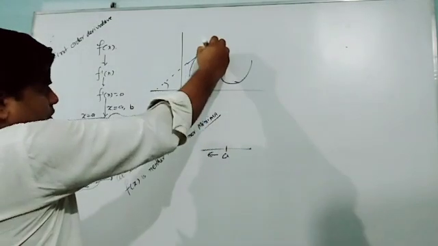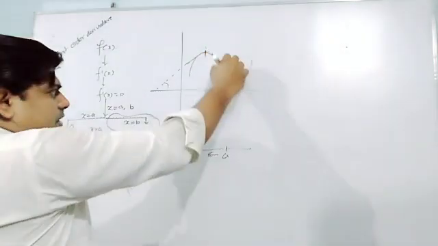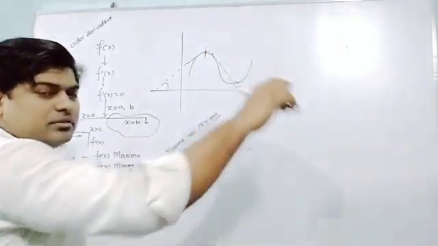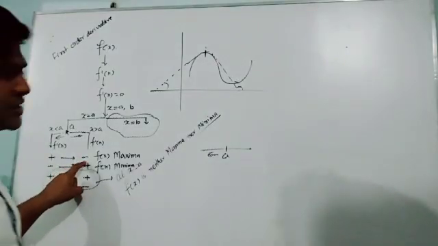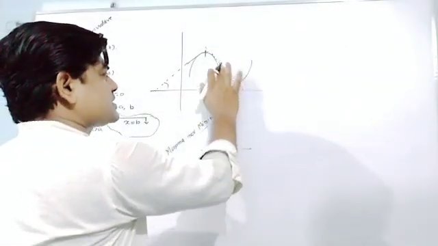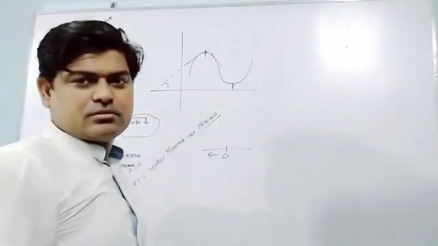When x is more than a, here it will have an obtuse angle, so the tangent will be negative. Now positive to negative, it is maxima.